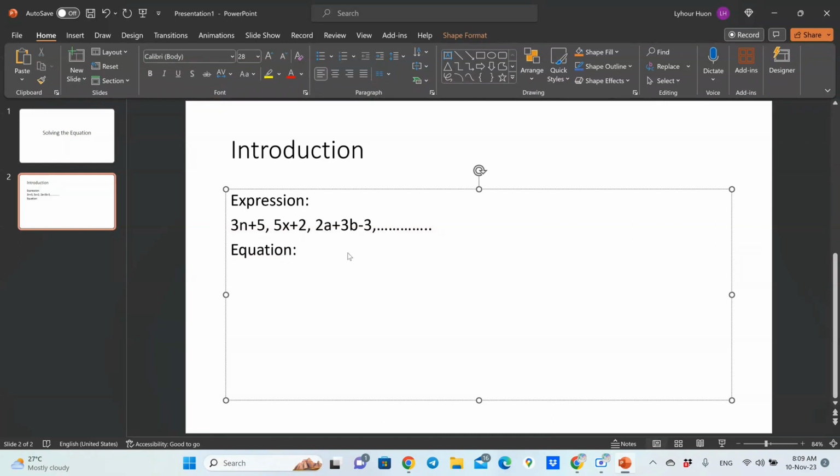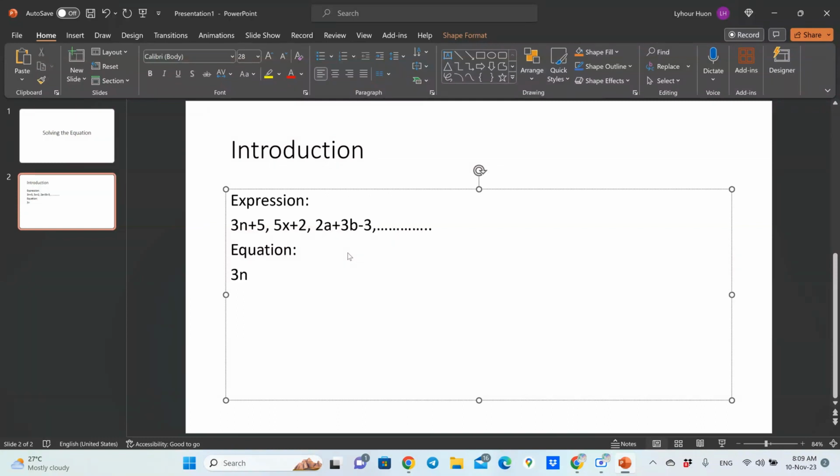Now, the equation is a little bit different from expressions because the equation is two equal expressions.